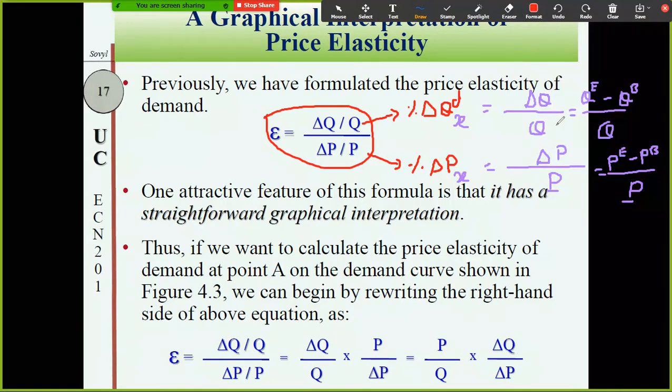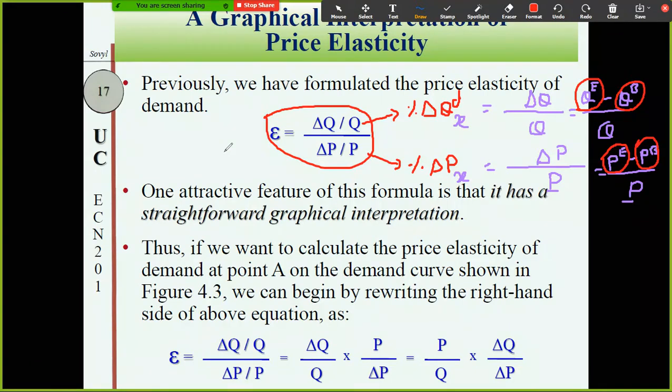Okay, so look at this one. This is Q ending, consistent with P ending, minus Q beginning, consistent with P beginning. Okay, how about Q here? How about P here? It depends on the question.